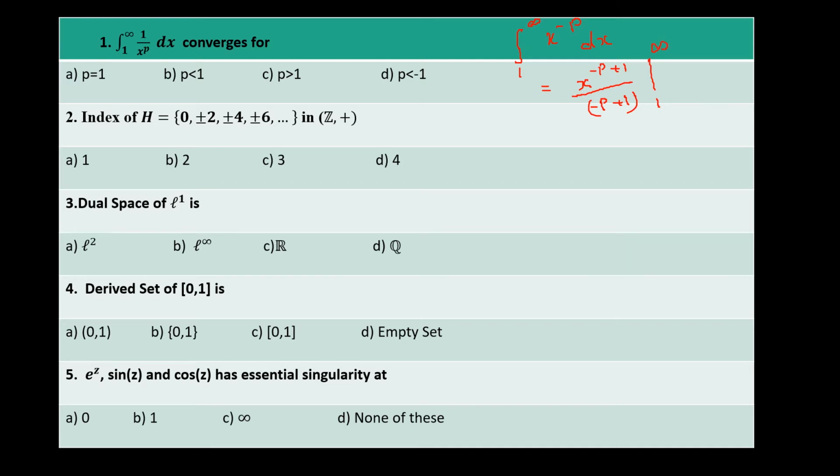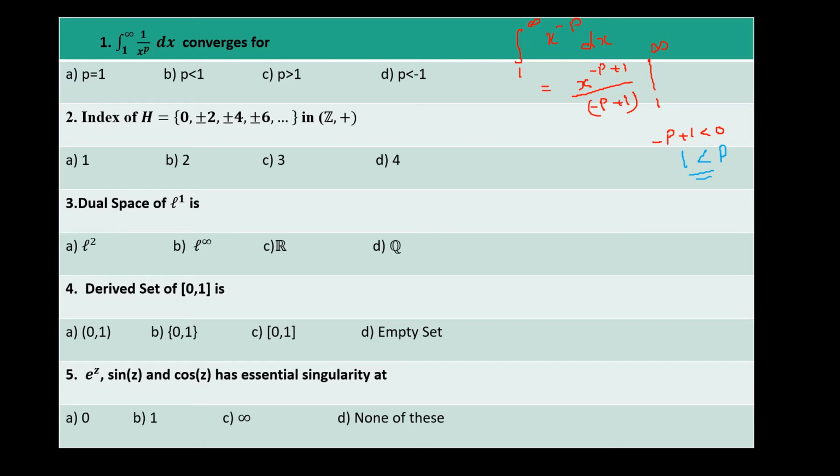It will converge if it is 0 or a finite number at infinity, and it will be 0 if this exponent is negative. If I put minus p plus 1 less than 0, then from here you can see that the p range will be greater than 1.